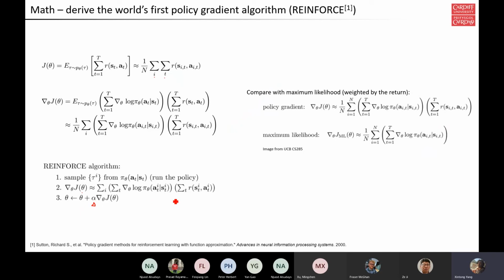Okay, so now let's look at the form, and we can compare it with the maximum likelihood algorithm. So this is the policy gradient we had before, and the maximum likelihood looks like this. This is often used in supervised learning, where you get a data set of input and output, which you assume is good data.